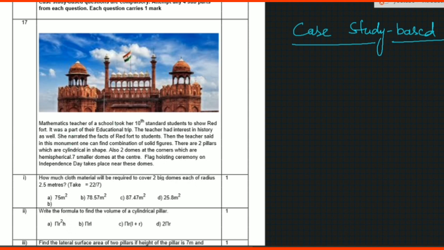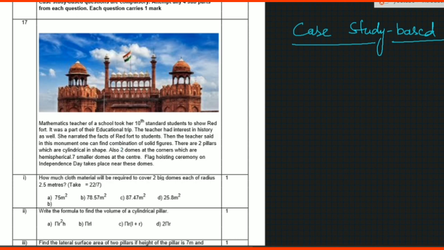Just have a look at this one. Mathematics teacher of a school took her 10th standard students to see the Red Fort. It was a part of their educational trip. The teacher had interest in history as well. She narrated the facts of the Red Fort to students. Then the teacher said, in this monument, one can find a combination of solid figures.